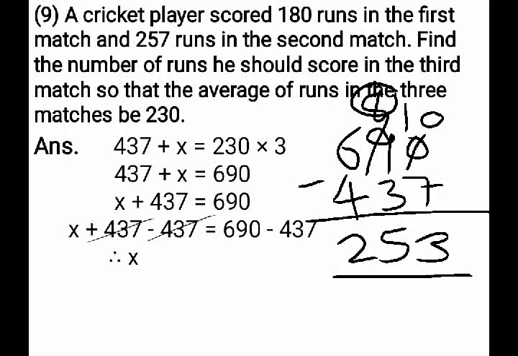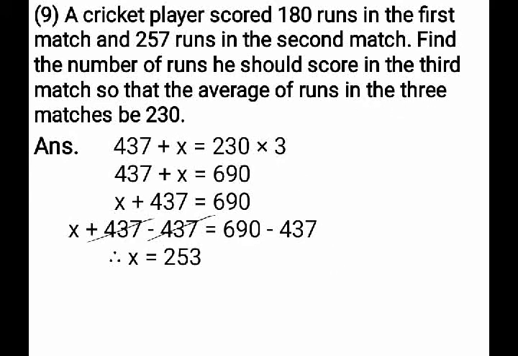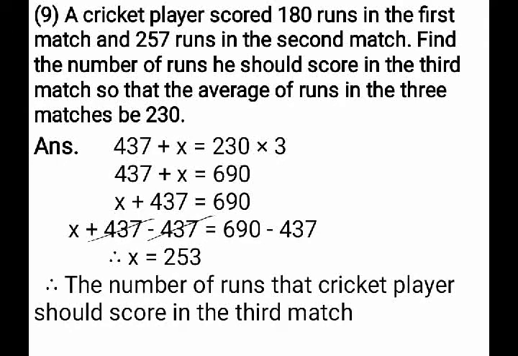So 9 becomes 8. 10 minus 7 is 3. 8 minus 3, 5. 6 minus 4 is 2. Therefore, x is equal to 253. So, the final statement you have to write: Therefore, the number of runs that the cricket player should score in the third match is equal to 253.